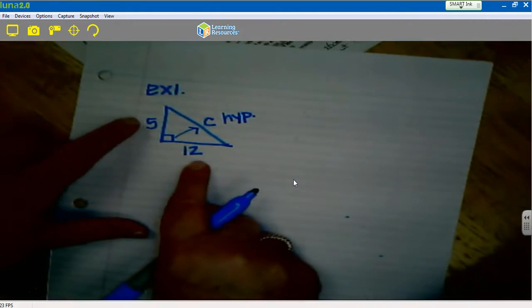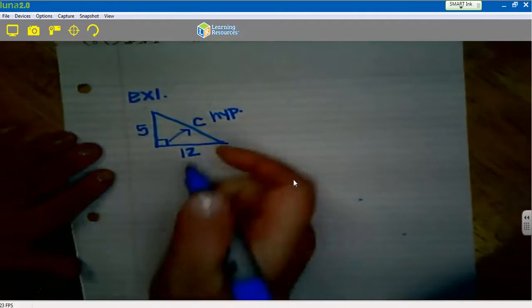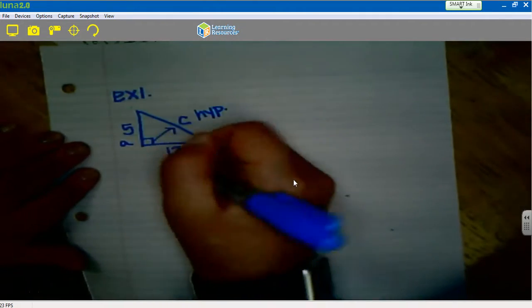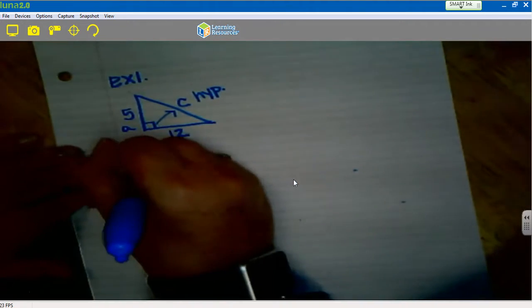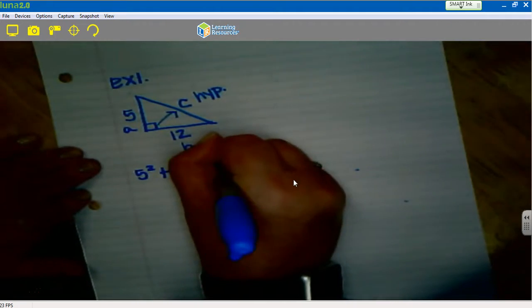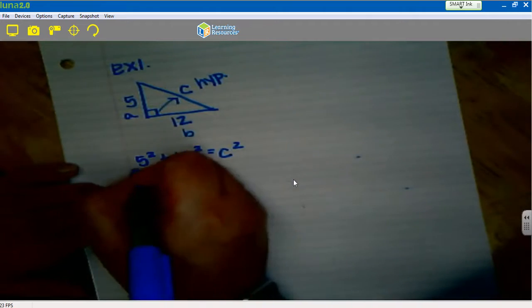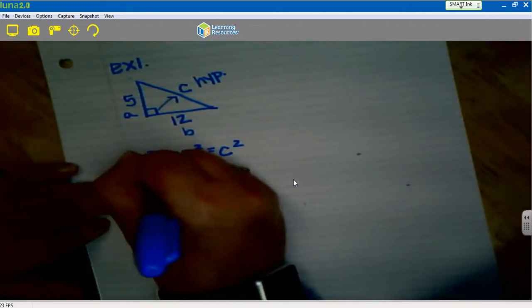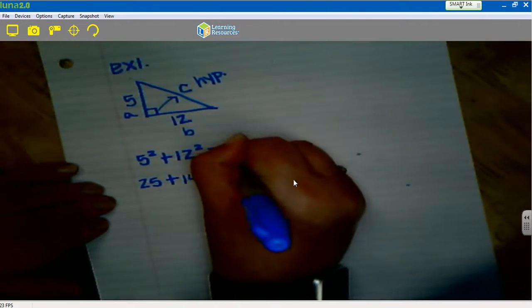Does it matter, 5 or 12, which one you call A and which one you call B? No, it doesn't matter. So we'll just call 5 A and 12 B. So we have 5 squared plus 12 squared is equal to C squared. 5 squared is 25. 12 squared is 144.